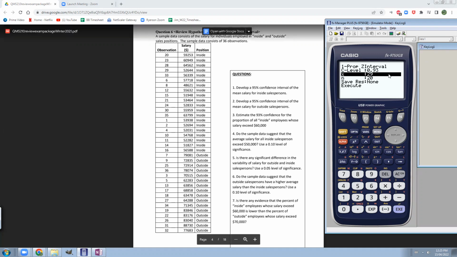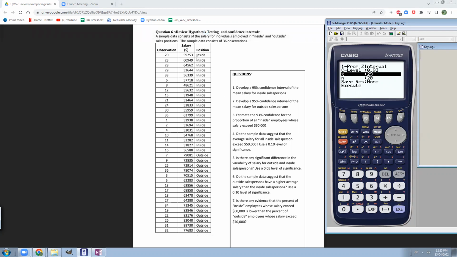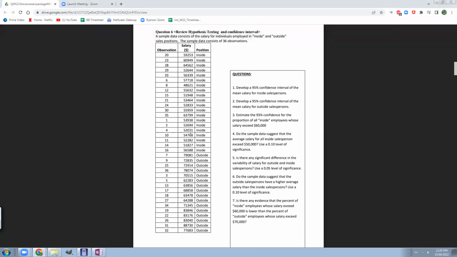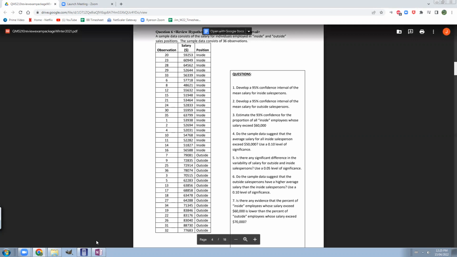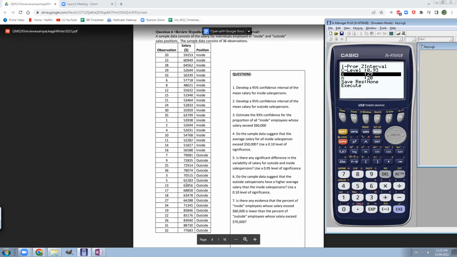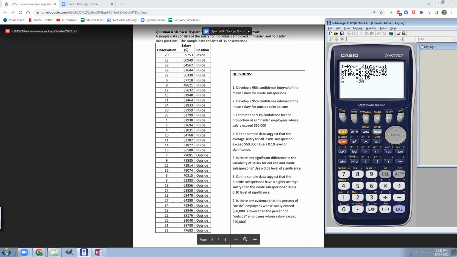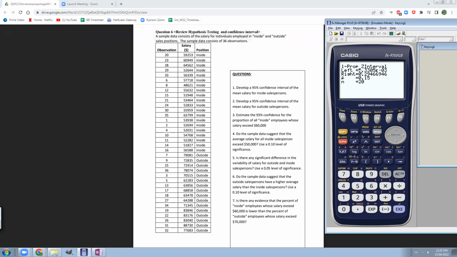What's the X? We need to count. How many of these 20 inside salespeople had a salary exceeding 60,000? Well, we just have to count. We got 1, 2, 3. That's it, 3. So 3 out of 20. We run that and we get our left is very small, 5.33 times 10 to the negative 3.